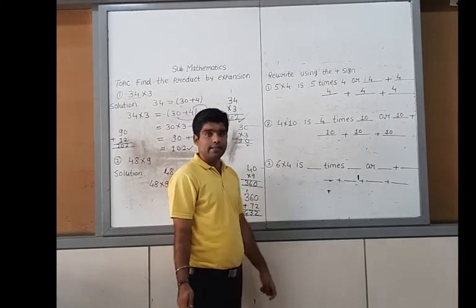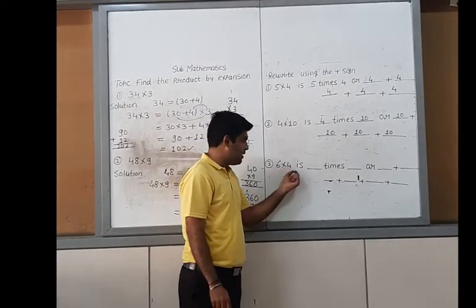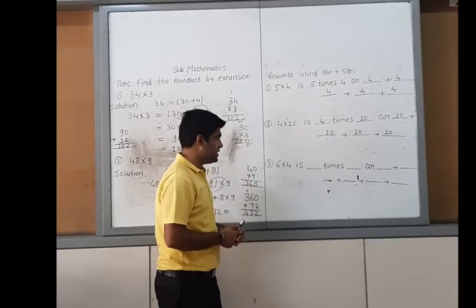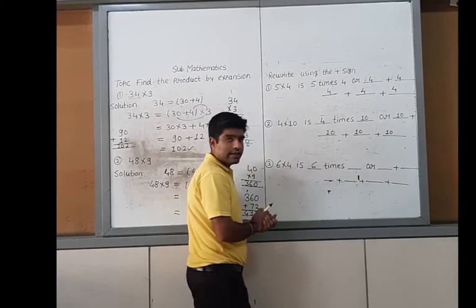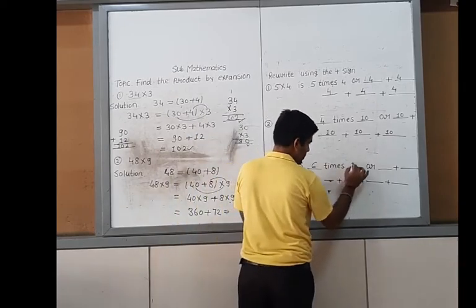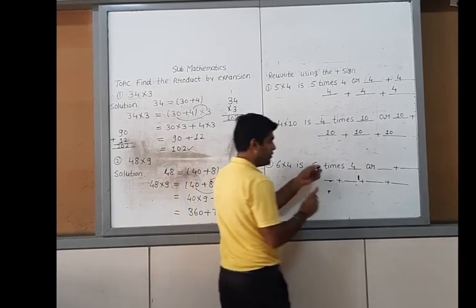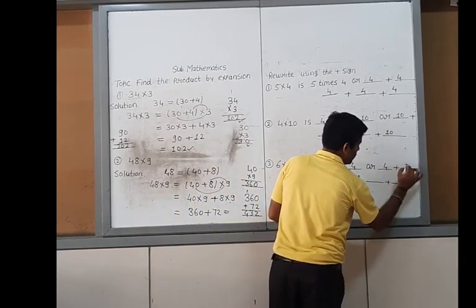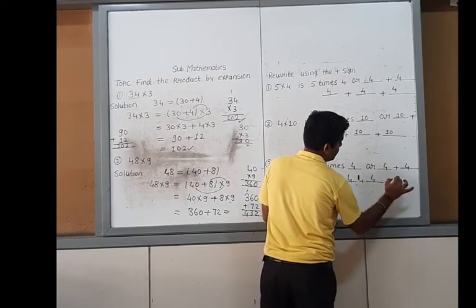Now the third example. The third example is 6 multiplied by 4. You can also write it as 6 times 4. Now we have to write it. This is our 4, 4, 4, 4, 4 and 4.